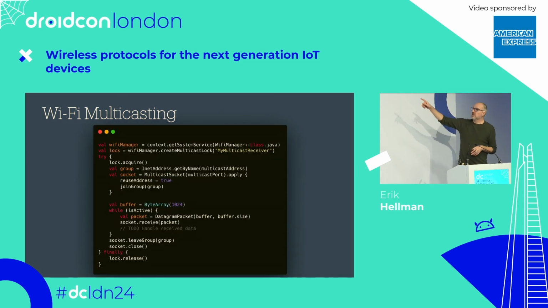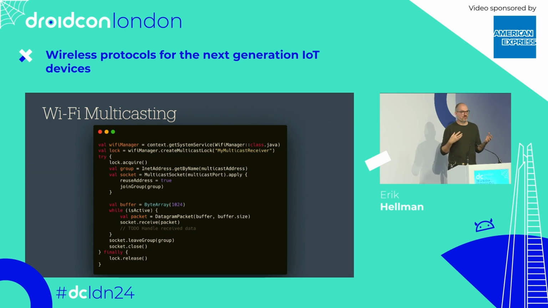So you take the Wi-Fi manager, you say create multicast lock, give it a name, and then you acquire the lock, and then you can do your multicasting processing. The thing is, if you don't do this, you can't receive multicast packages. You can probably send, but you cannot receive any data that is multicast by other devices, which means things like mDNS and stuff like that that multicast on the local network, you won't see those devices.